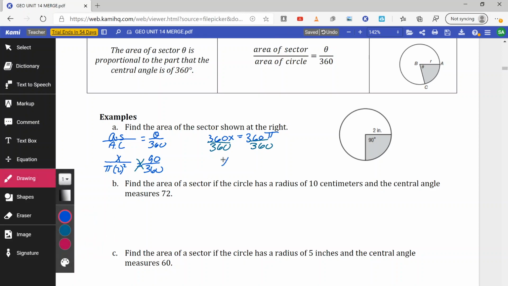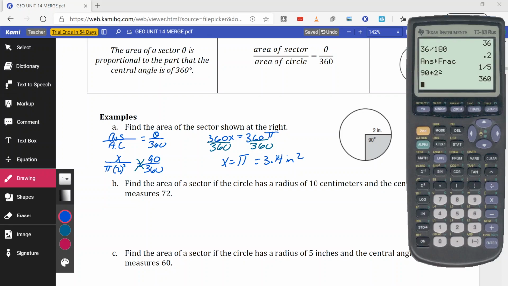Then we get x equals pi, which is really 3.14 inches squared. And again, you can always check on the calculator. 360 pi divided by 360 is 3.1415. So the area of the sector is 3.14, rounded to the nearest hundredth.